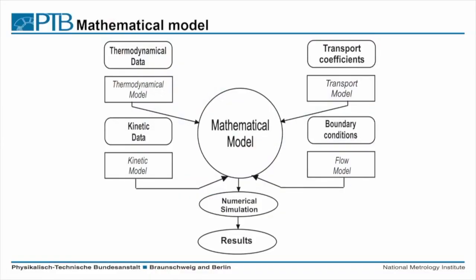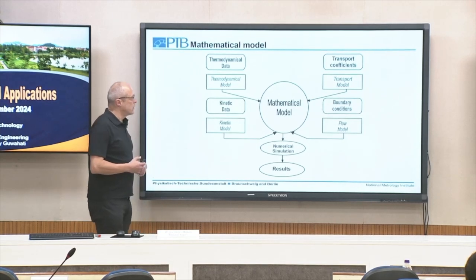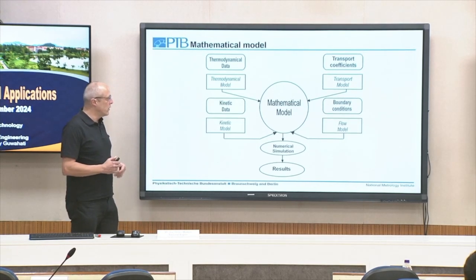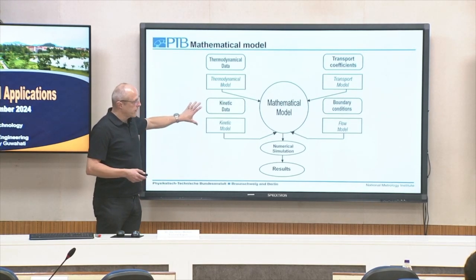So if we want to perform a numerical calculation of the system, now I go a little bit more into detail compared to the part with Cantera, of course. First of all, we need thermodynamical data or a thermodynamical model. Then we need kinetic data.